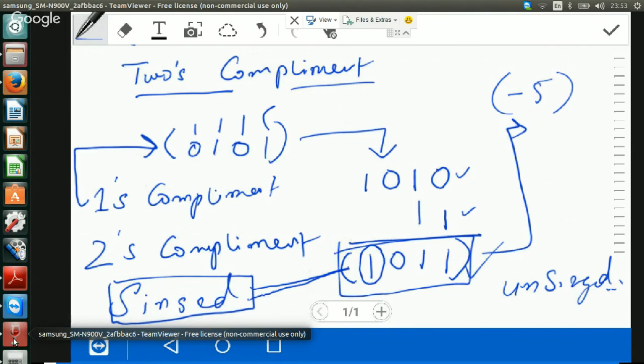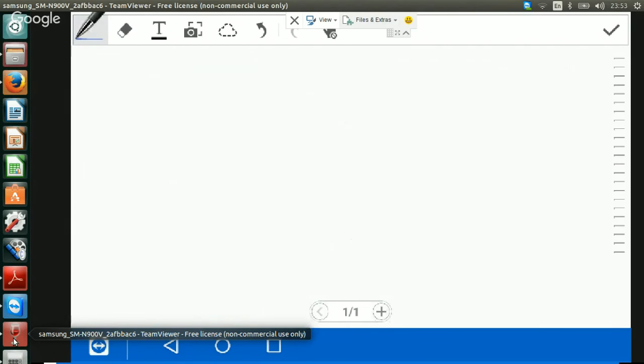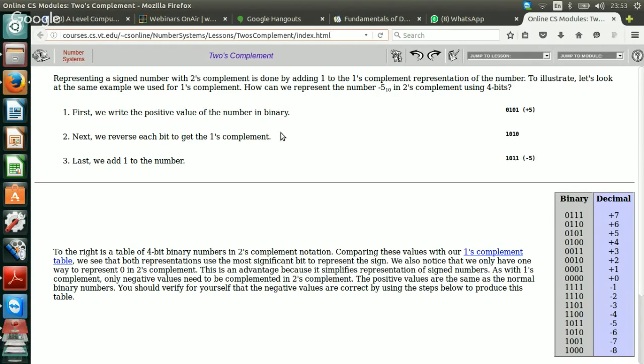So that is the 2's complement. Let's solve another example. Let's see some other questions from the notes. These notes are provided by CIE, the helping notes. They are definitely part of the syllabus. So I'm not making something up myself or Googling information and passing it to you. These links are provided by CIE itself.